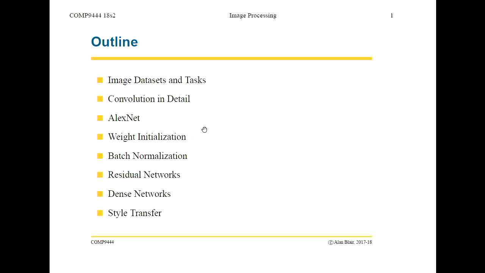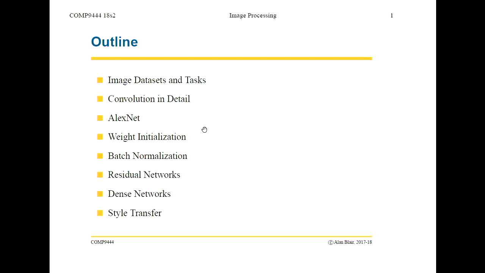So last week we talked about convolutional networks, and we looked at some of the details of AlexNet, which was this network from 2012. What I'm going to talk about now is later networks that performed well for this ImageNet competition, which were deeper than AlexNet, and what techniques were used to allow them to be deeper.